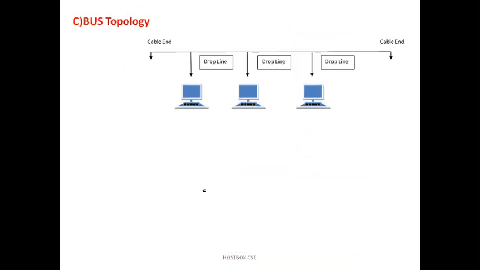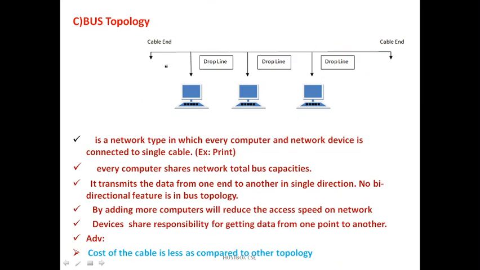Let's move on to another topology called bus topology, where, as the name implies, it is a network type in which every computer and network device connects with a single cable. Don't forget, a single cable is required to connect all the computers, and every computer shares the network's total bus capacity.